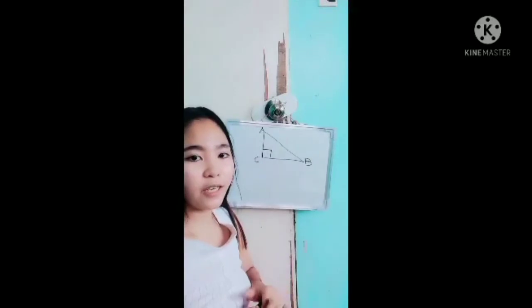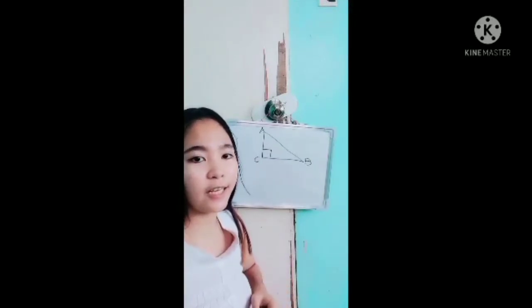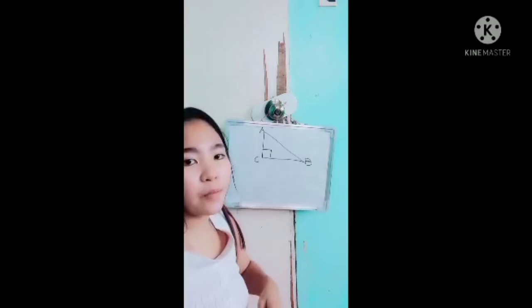We have here on our board a right triangle, which is triangle ABC.